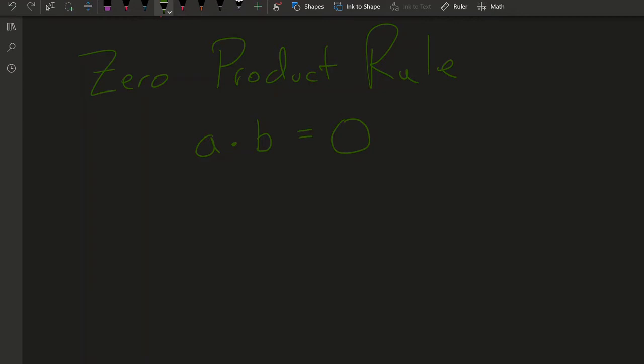My question is, can you do it without one of them equaling 0? The answer to that is no. In order for two numbers to multiply together to equal 0, one of them has to be 0. So if a times b is equal to 0, then either a is equal to 0 or b is equal to 0.